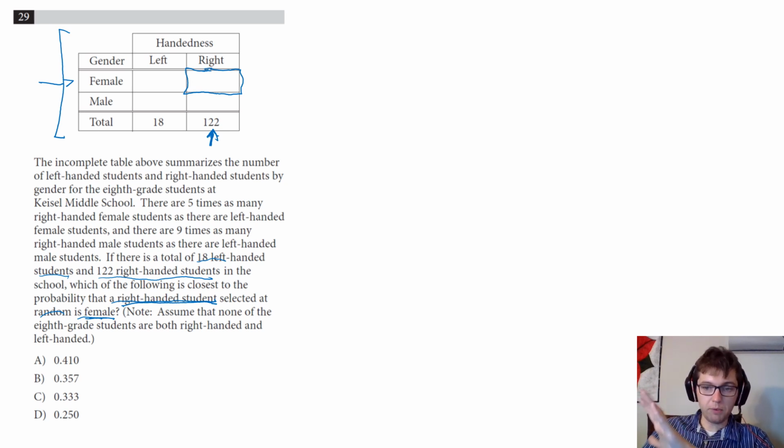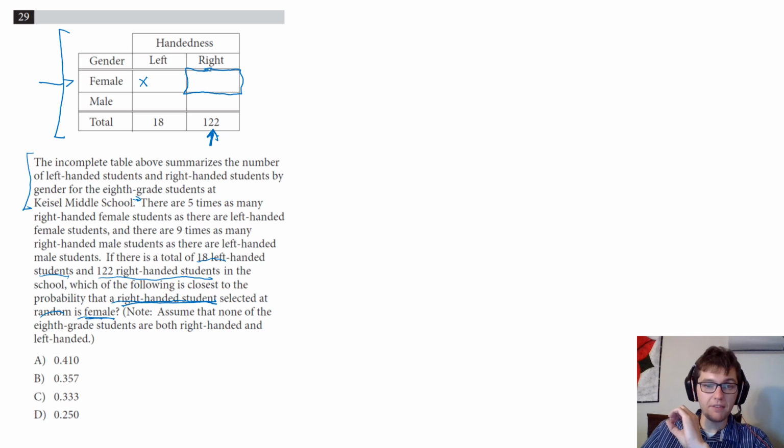Let's start populating from the information they give us. This whole first sentence is just background information, telling you that there's a table you can fill in. The meat of this really starts right here with this sentence. There are 5 times as many right-handed female students as there are left-handed female students, which means if you define the number of left-handed female students as X, there are 5 times as many right-handed female students.